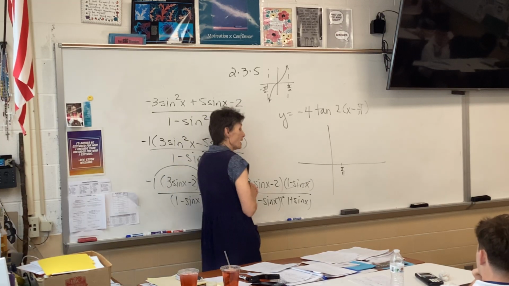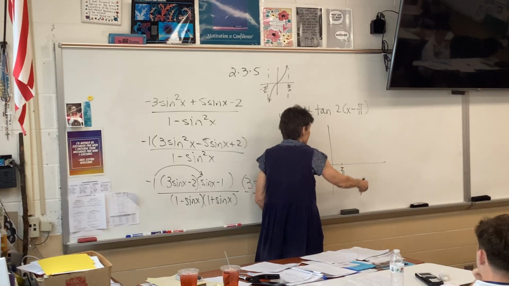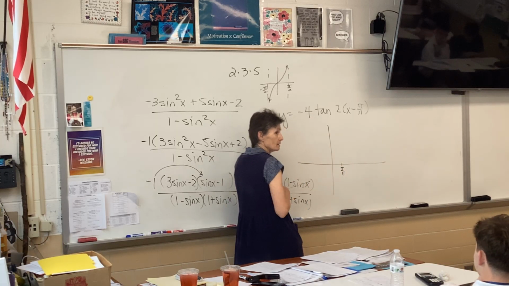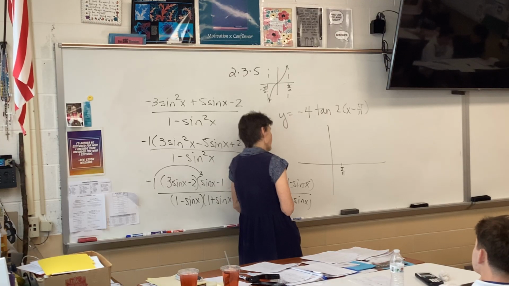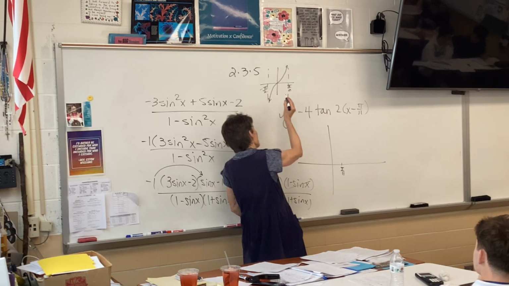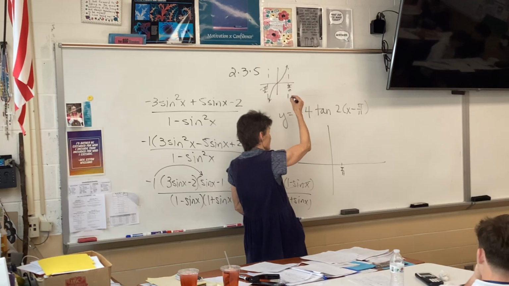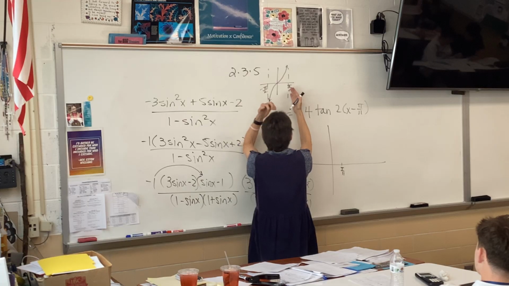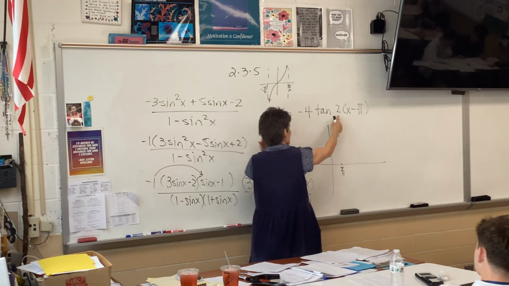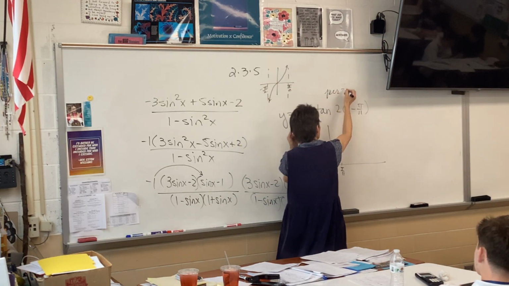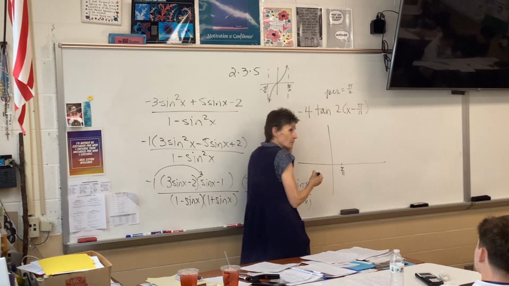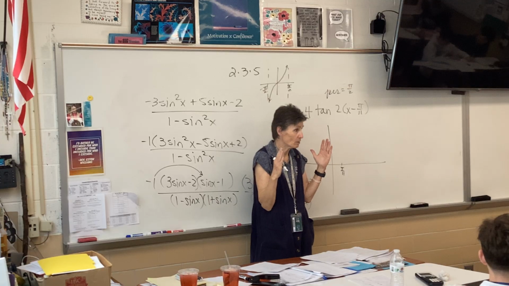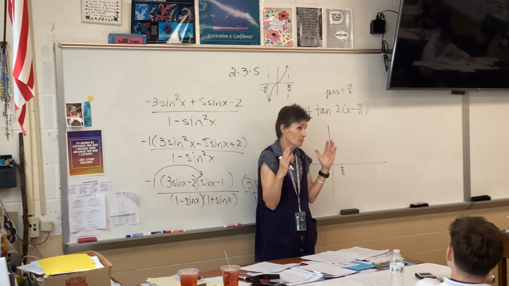So there's going to be an asymptote over here and an asymptote over here, and it's going to be going down. What is the period of the normal tangent? That is this distance right here. In normal tangent, the period is pi. In this one, the period is pi over 2. That means from asymptote to asymptote is pi over 2.